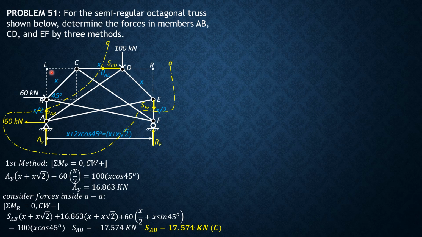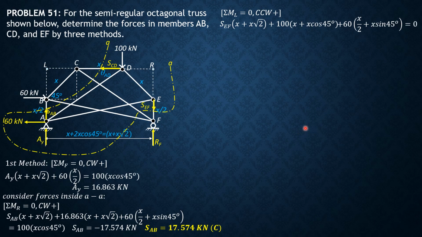Having found SAB, we then sum up moments about L, considering forces inside the cutting section, this time counterclockwise, equals 0. So SEF times quantity X plus X square root of 2, plus 100 times X plus X cosine 45, plus 60 times X over 2 times X sine 45, equals 0.